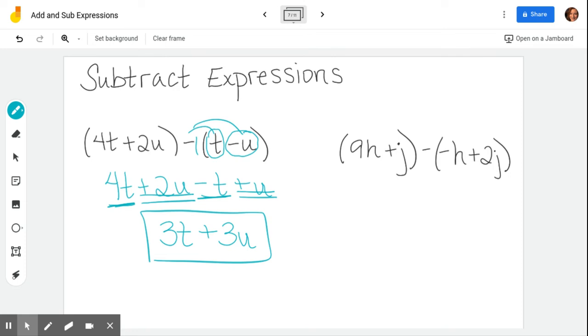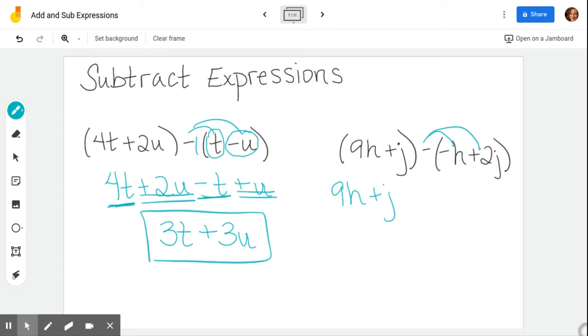Okay, same thing on the next one. The first set of parentheses aren't telling me anything because there's nothing attached. So that just tells me 9h plus j. But over here, I need to distribute this negative. I need to change the sign, because I'm subtracting both of those terms, not just the first one.